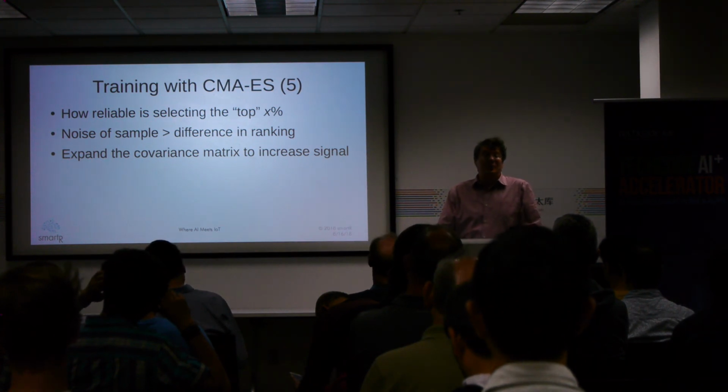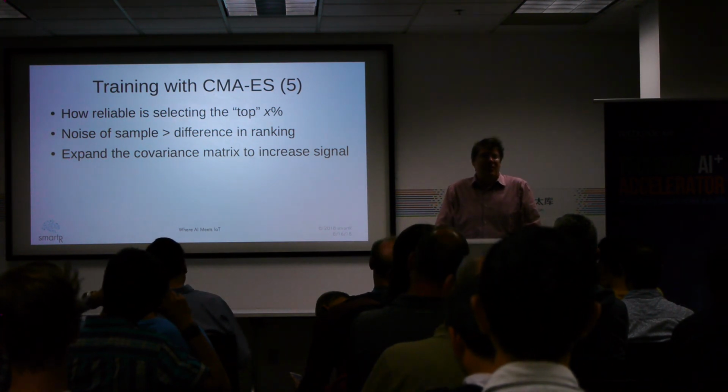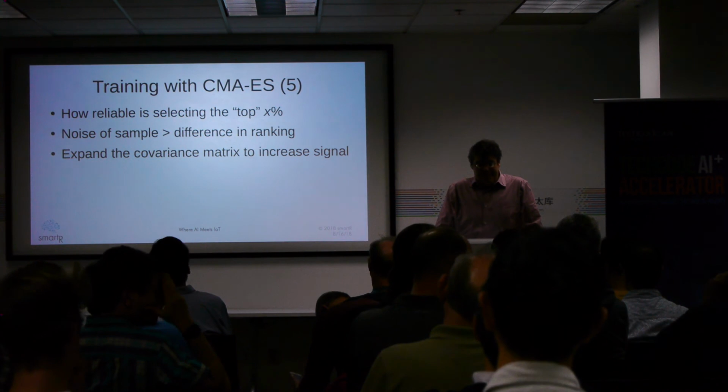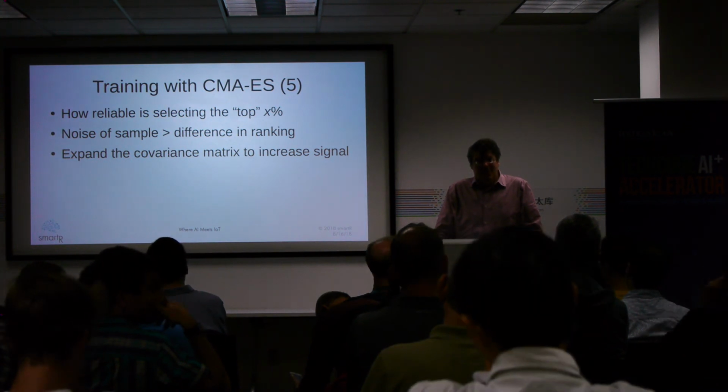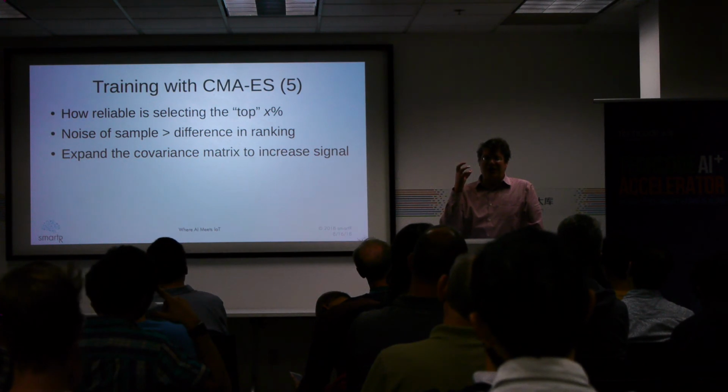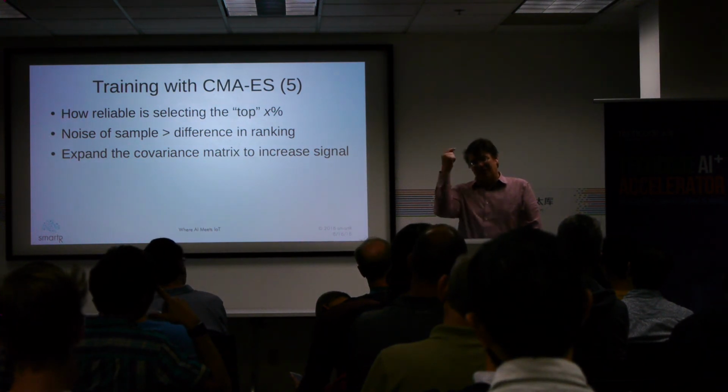If the reward moved by too much, then they would expand the covariance matrix while looking for the optimum. They were looking at how much, if you did another rollout, it changed the reward function versus the difference in the actual rewards that they had.